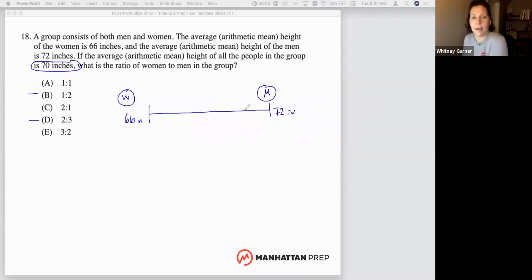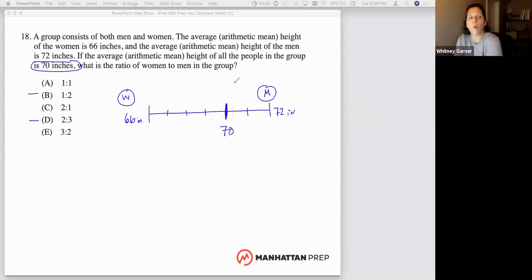So if I wanted to draw this to scale, from 66 to 72, there are 5 tick marks between these: 67, 68, 69, 70, 71. Oops, I had one too many. There we go. So 67, 68, 69, 70, 71, 72, right? If I were going to draw it like a little number line, 70 is actually right here.